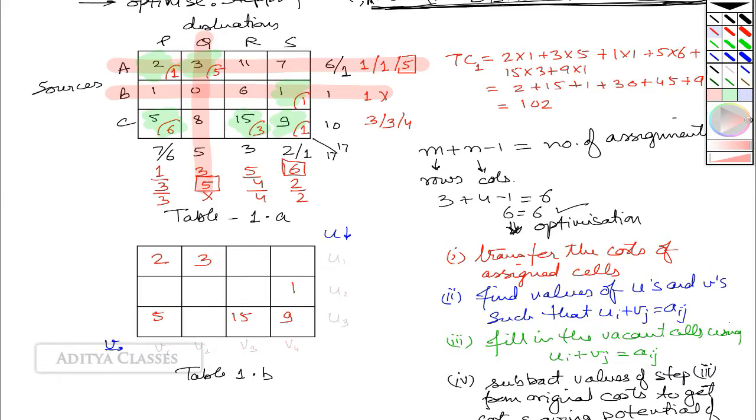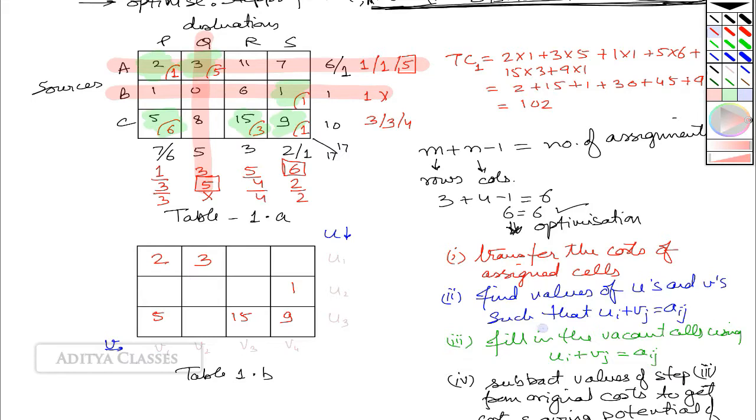Okay. So can we try this? U3 plus V1 should be 5. Now yes, definitely we can find these values, but the problem right now is where to start. If I have a look at this place, I have no idea what this value is, I have no idea what this value is, so I cannot start at this point.